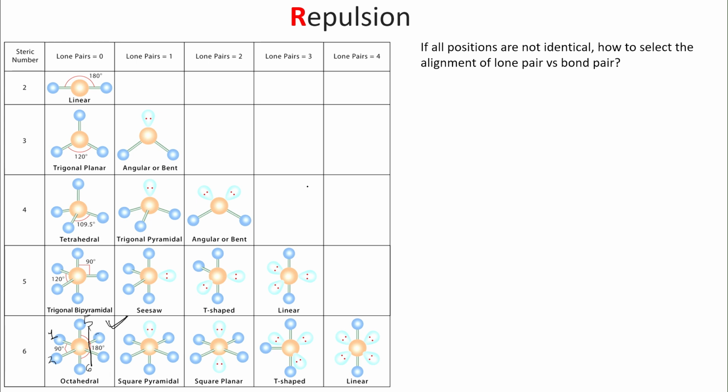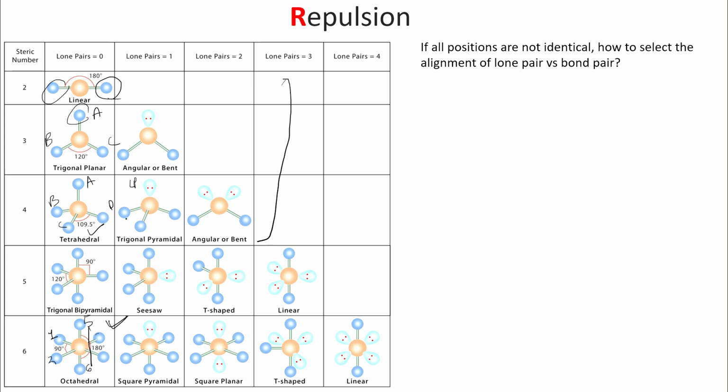So up till this point, it doesn't make a difference, because it doesn't matter if you put the lone pair here or here or here. I mean A, B, C, everything is identical. Here also A, B, C, D is identical. The only difference it will make is the angle here is 109.5. If there is a lone pair, it is kind of fat.